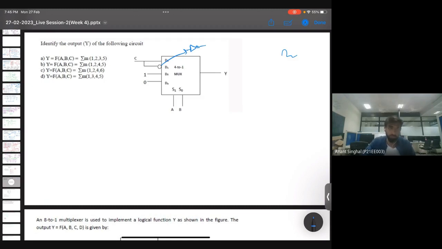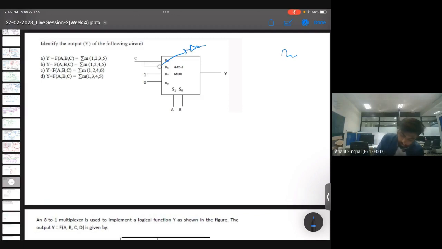Anyone? Okay, someone has got B, so I'll try to solve it directly.